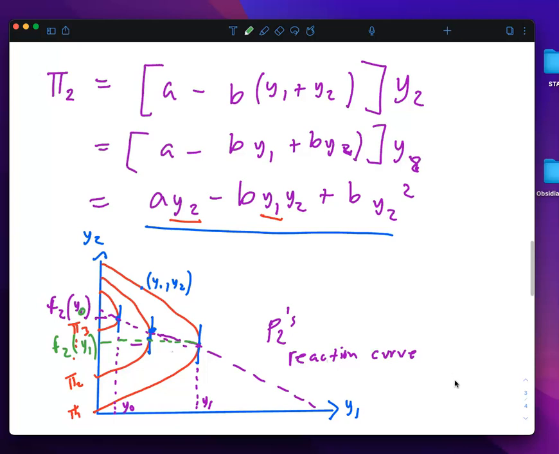But okay, so that's what it means graphically, and now let's talk about it algebraically. That's how you derive the isoprofit function. So now we need to derive the marginal revenue.